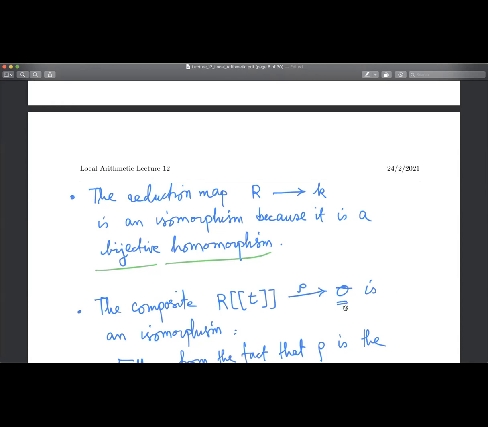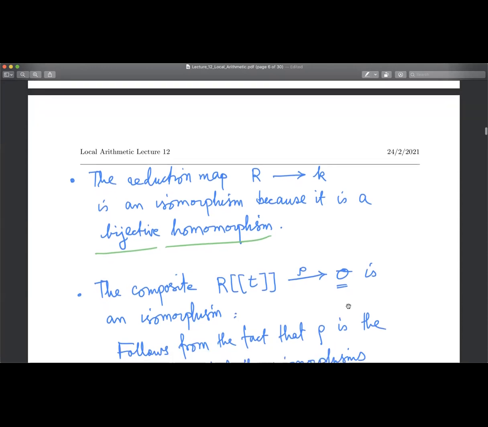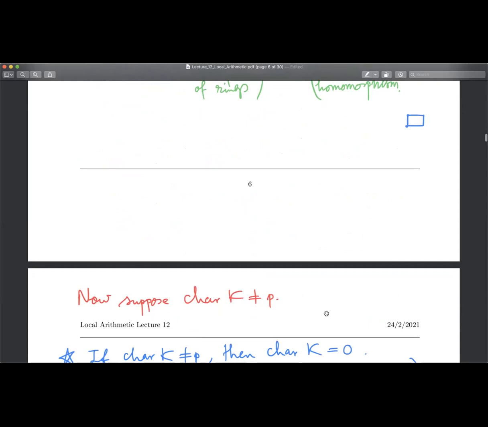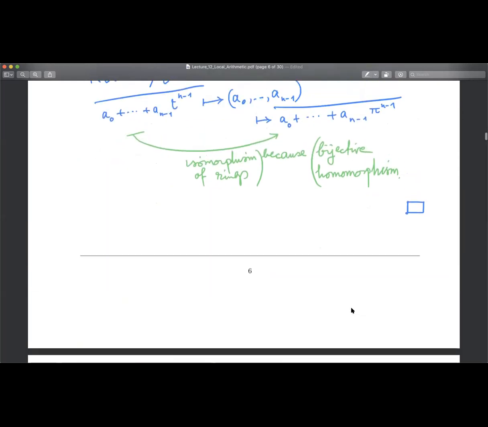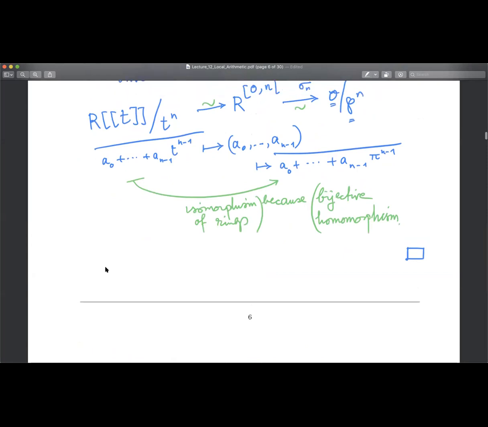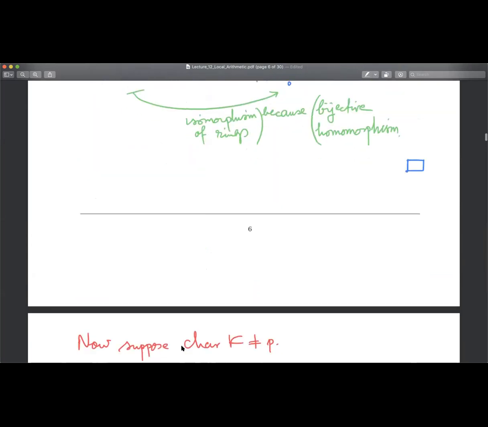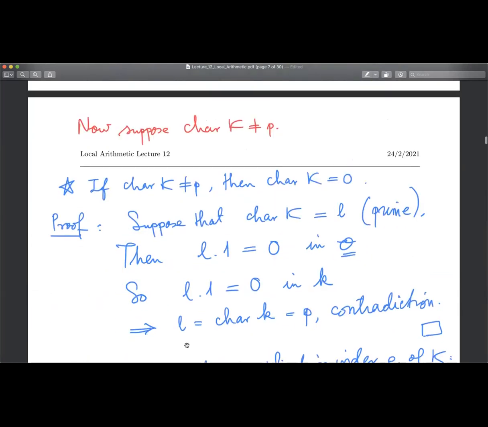And the whole field capital K turns out to be just k((T)), not K, R((T)). So little k and little R are essentially the same.